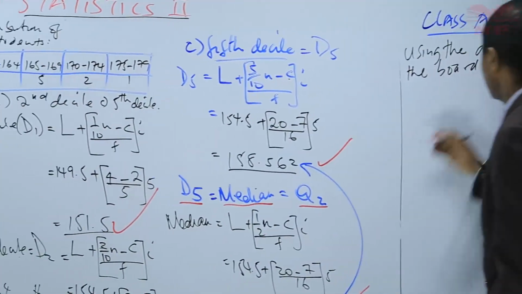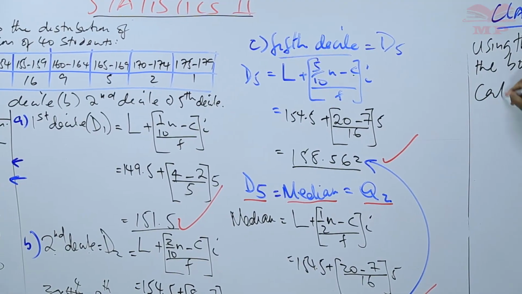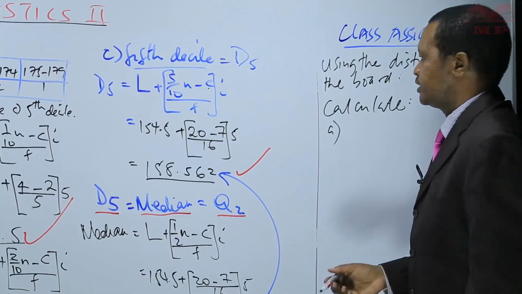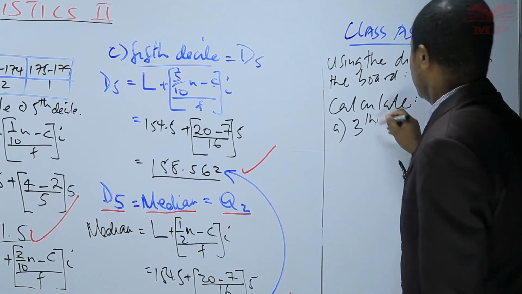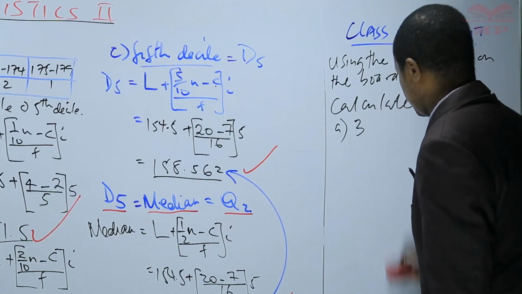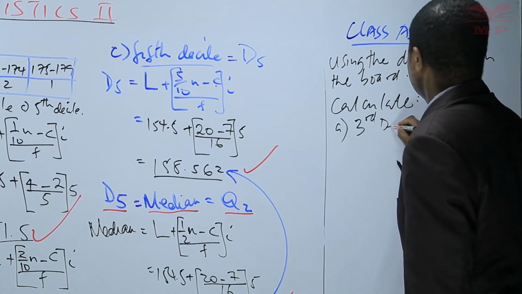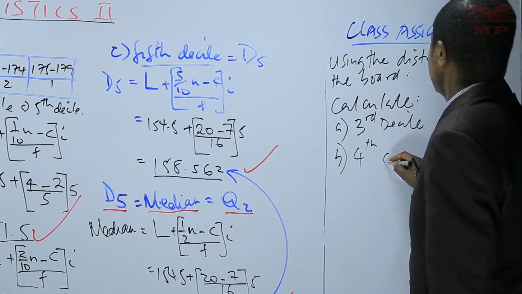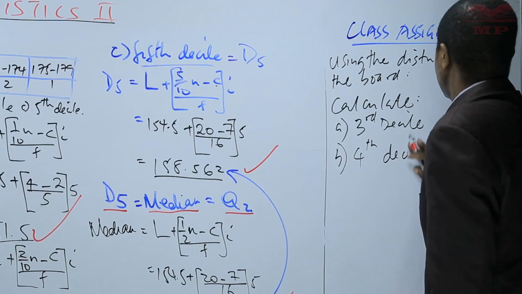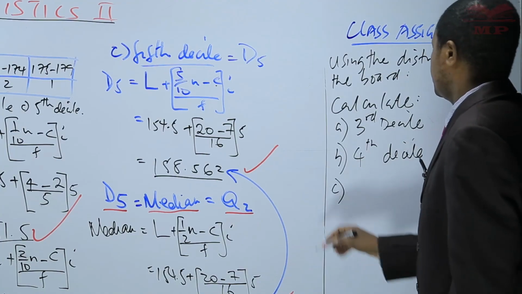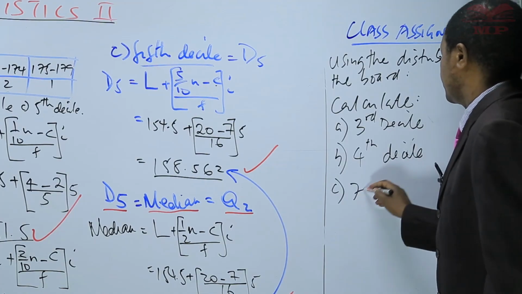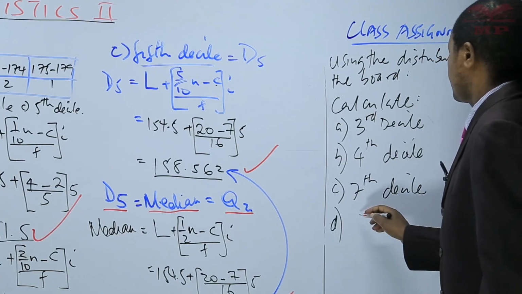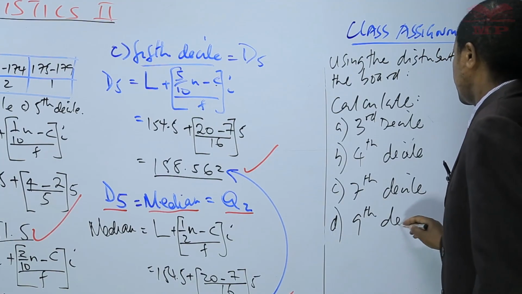Using this distribution, learners, calculate A, the third decile, B, the fourth decile, C, the seventh decile, D, the ninth decile.